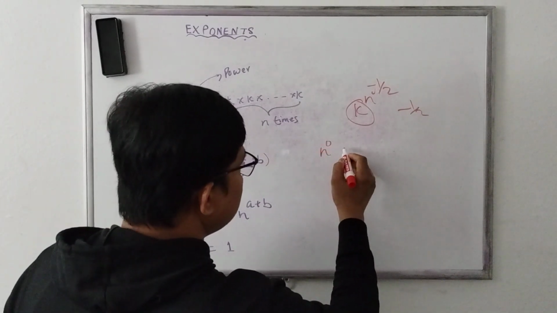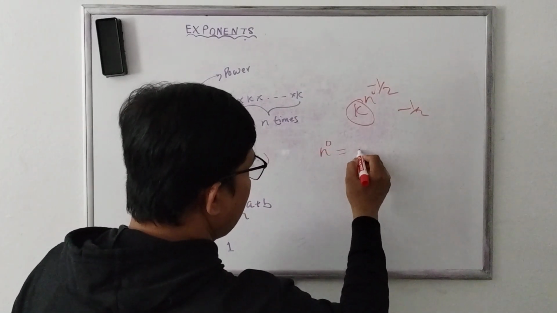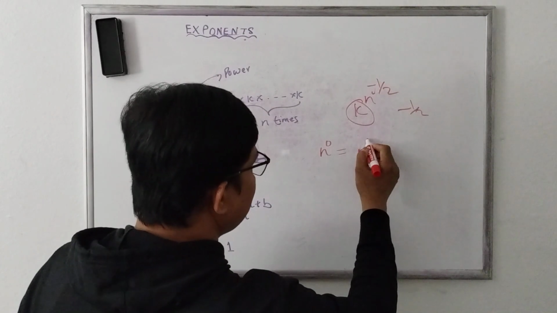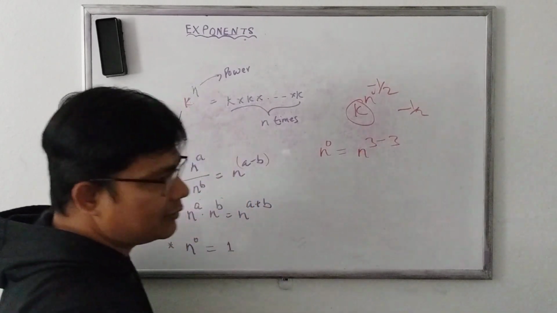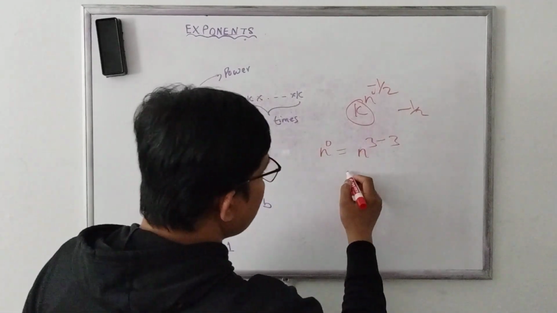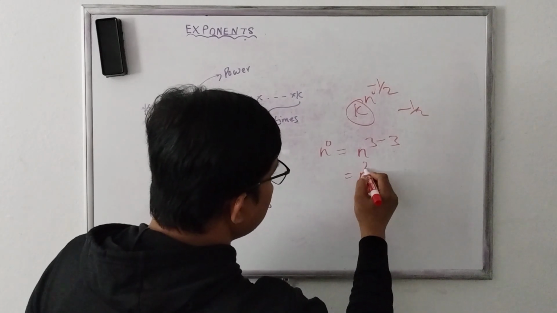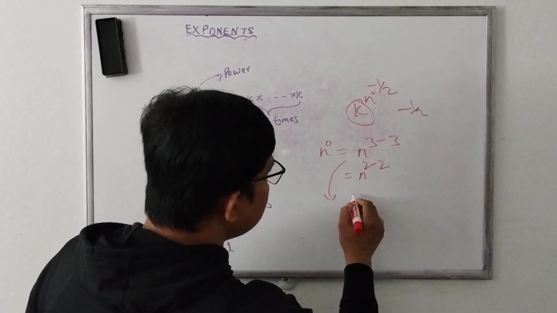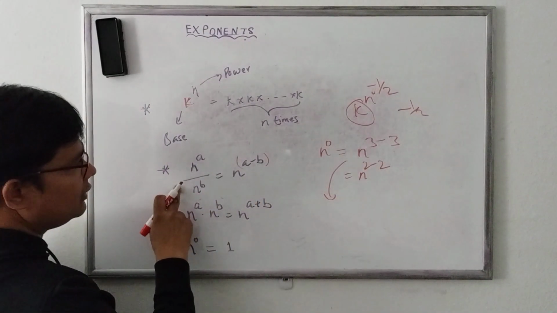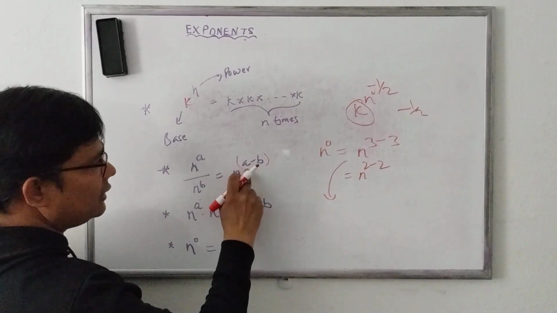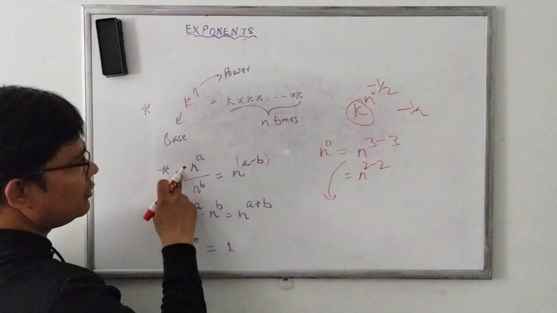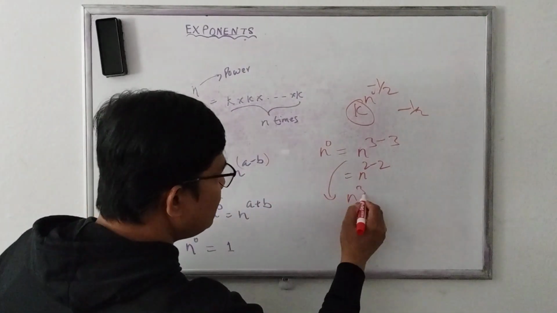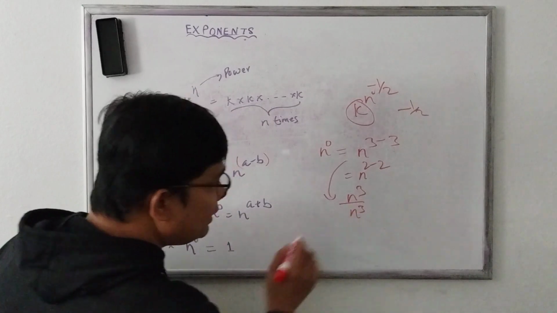So n power 0, you can write like n power 3 minus 3, or n power 2 minus 2. Look at this one, n power 3 minus 3. We can write it as n power 3 divided by n power 3, correct?